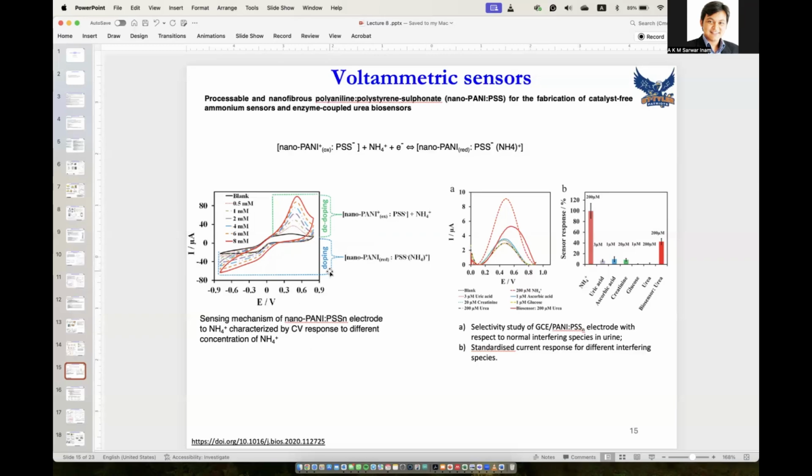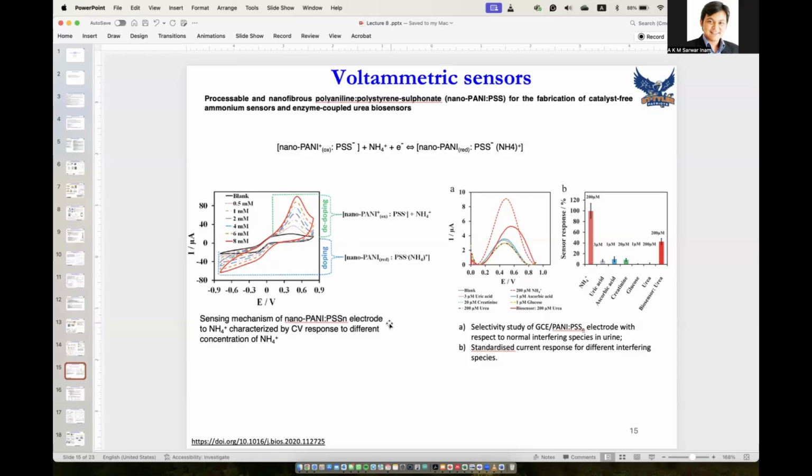It can be seen from this figure, doping, dedoping, and the detection range here from 0.5 millimole till 8 millimole. I'm not showing here the calibration equation, but you can see when we're increasing the concentration of ammonium, both the oxidation and reduction currents are increasing, in the dedoping and doping state.